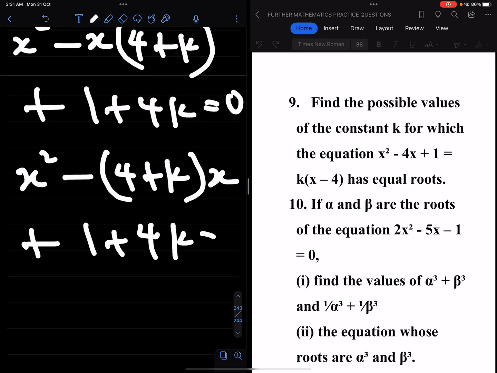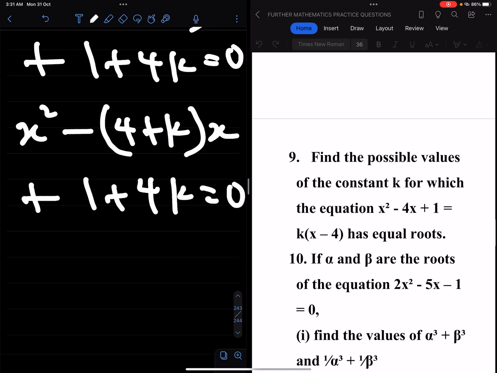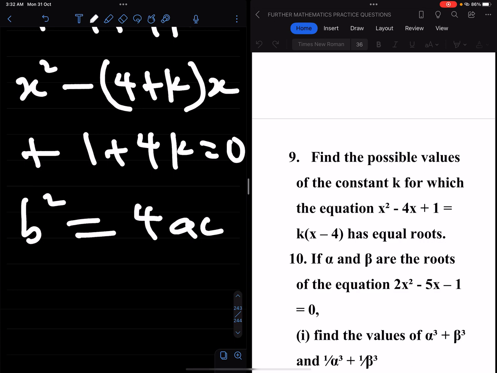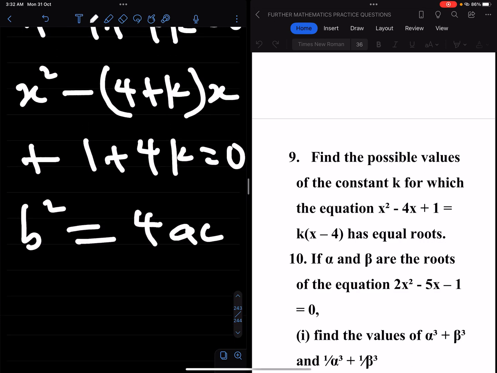Now they said find the possible values of k for which the given equation has equal roots. If the given equation has equal roots, that simply means b squared equals 4ac, or you can say b squared minus 4ac equals 0. Now what is b? B is the coefficient of x, which is minus into bracket 4 plus k.